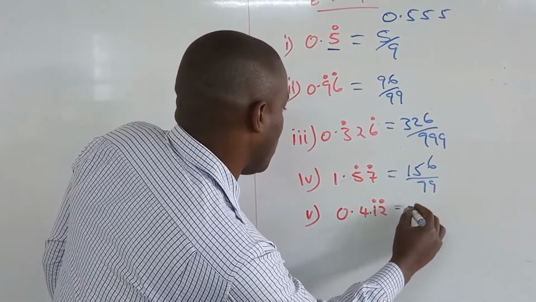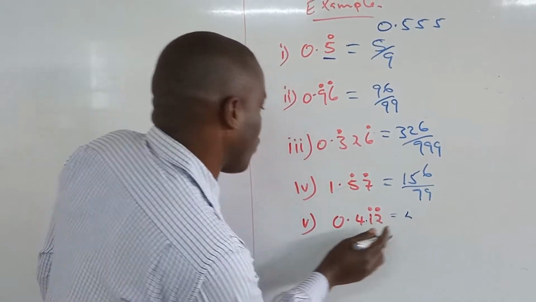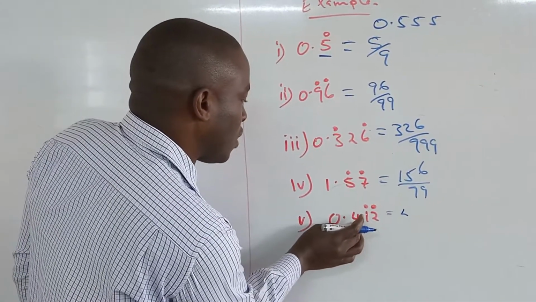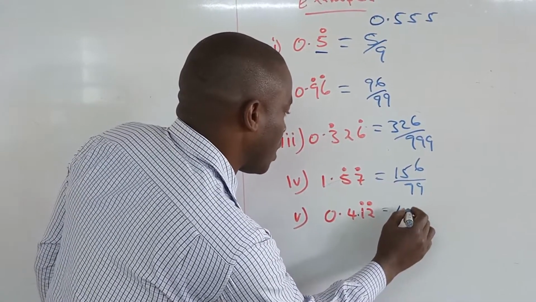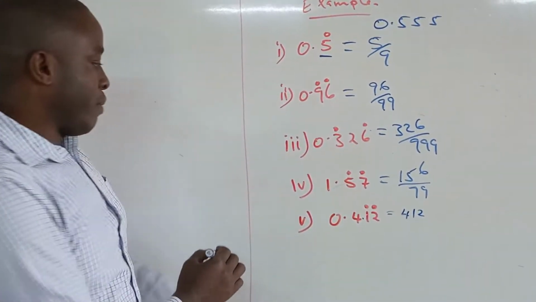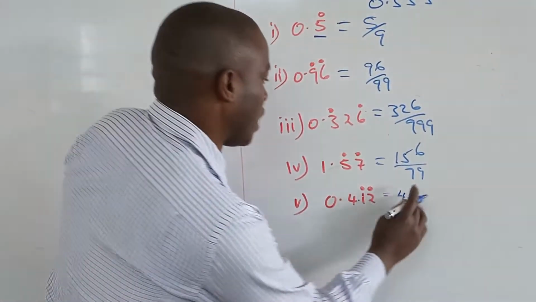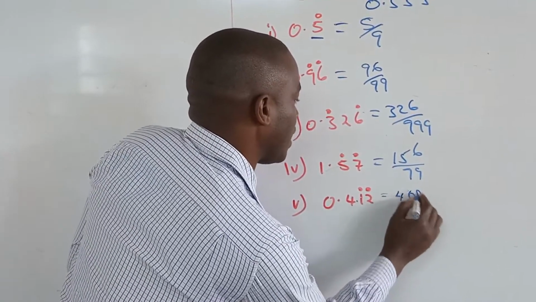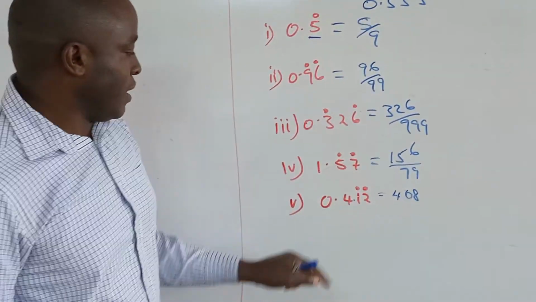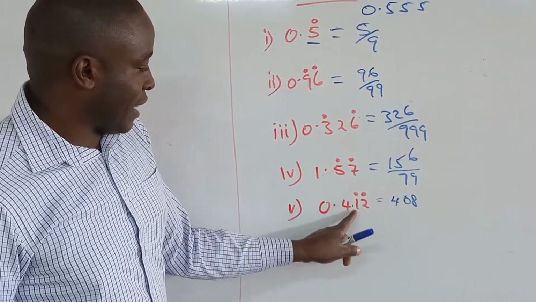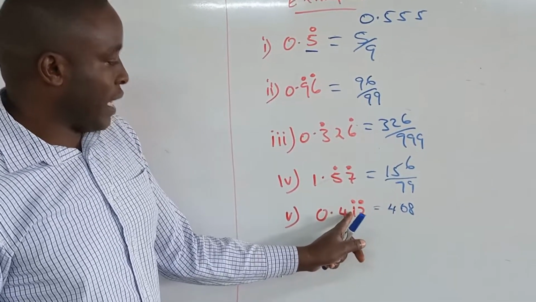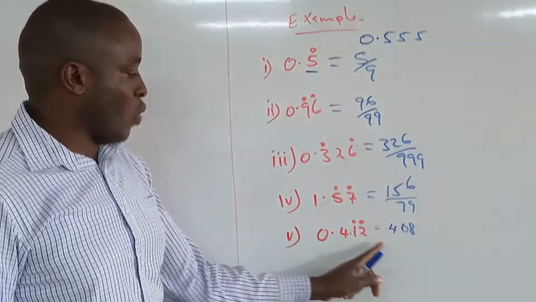So we shall have 412 minus 4. We minus 4, we get 408, and then all over 990, because we had a 10, that is what gave you 1, 2, 1, 2.